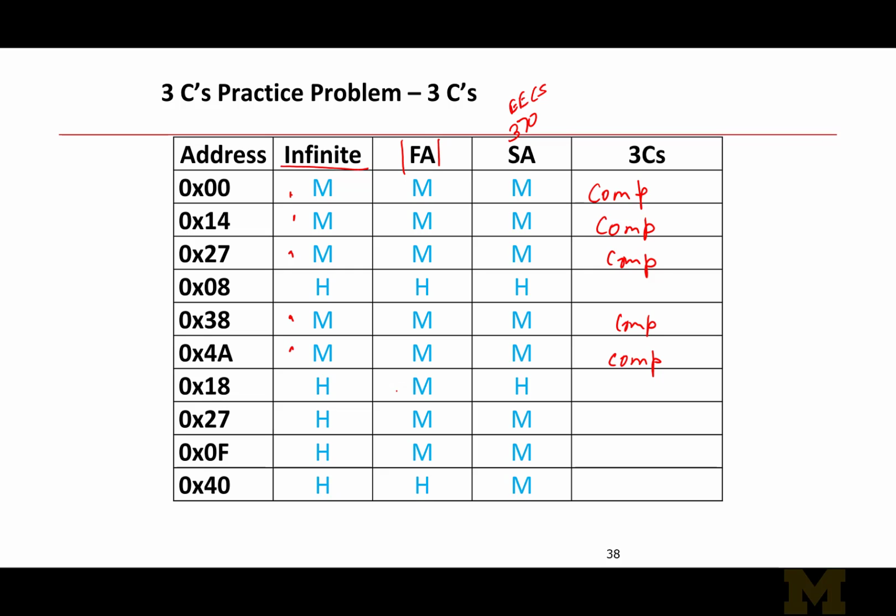So I do have 1, 2, 3 extra misses compared to the ones that we have already flagged as compulsory. So this is taken care of, this is taken care of, right? Because these misses have been taken care of because we flagged them as compulsory. So only 3 extra misses remain, and those need to be flagged as capacity misses.